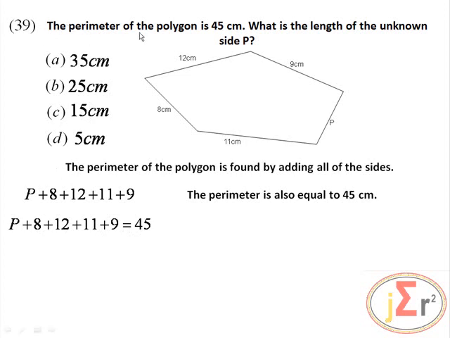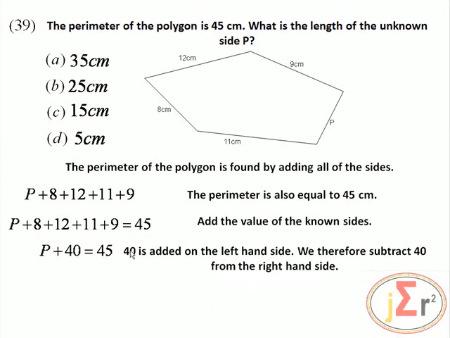The perimeter of the polygon is 45 centimeters. So we are sure that the perimeter is 45. So when we add all the sides, we are going to get 45. So when we add the 8 to the 12 is 20. The 11 to the 9 is 20. So that's 40. So add the values of the known sides. When we add the value of the known sides, we get 40. So P plus 40 is equal to 45.